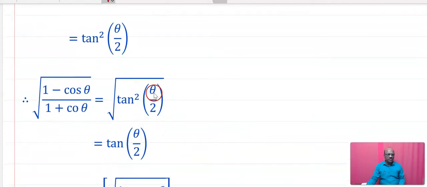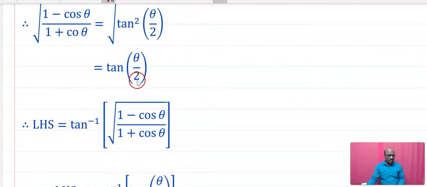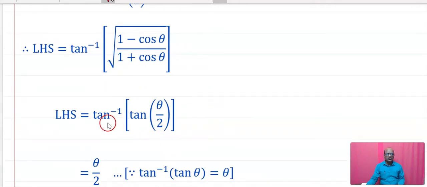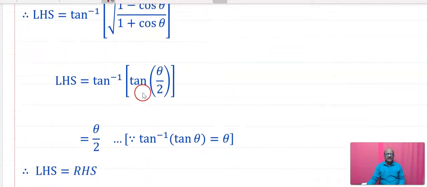The root of tan square theta by 2 is tan of theta by 2, and hence LHS, tan inverse of root of (1 minus cos theta upon 1 plus cos theta), is equal to tan inverse of tan of theta by 2.